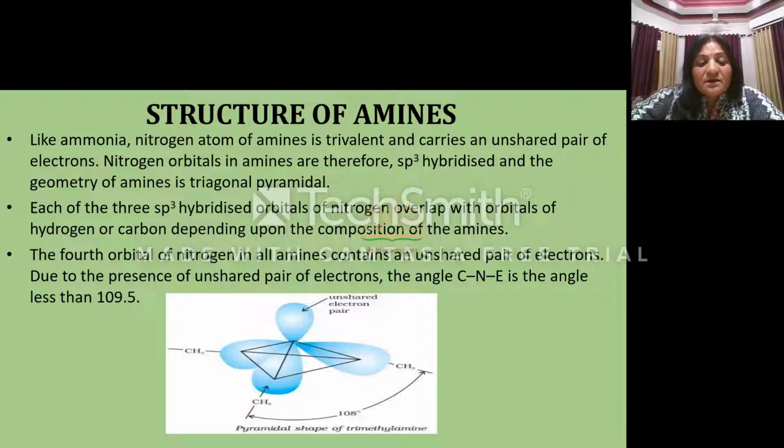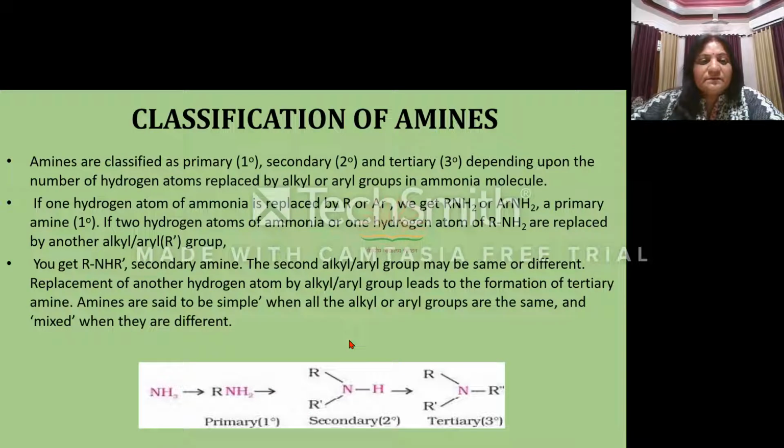The reduction from 109 degrees is due to the presence of lone pair of electrons present on the nitrogen atom. As you know, the lone pair bond pair repulsion is more than the bond pair bond pair repulsion. So the structure of amine is pyramidal, not tetrahedral.